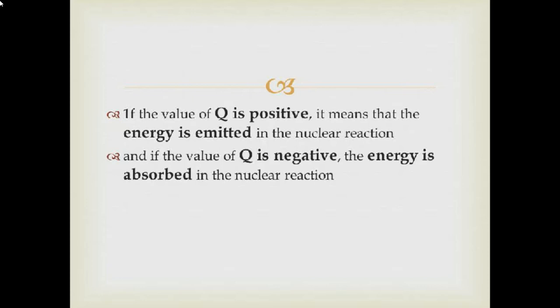If the value of Q is positive, energy is emitted in the nuclear reaction. If the value of Q is negative, energy is absorbed. Very important, these two terms: when Q is positive, energy is emitted; when Q is negative, energy is absorbed.